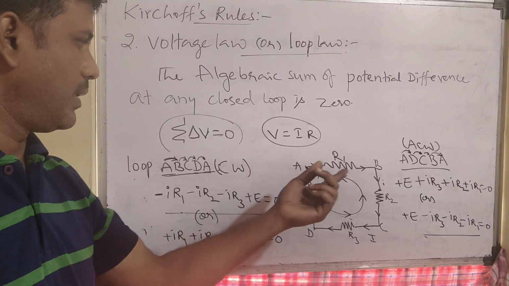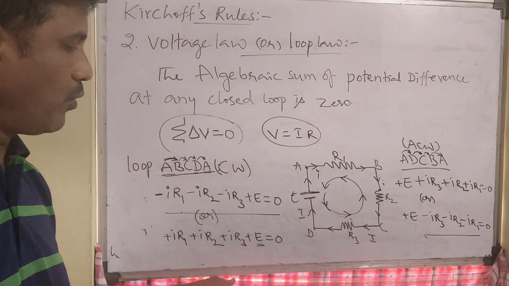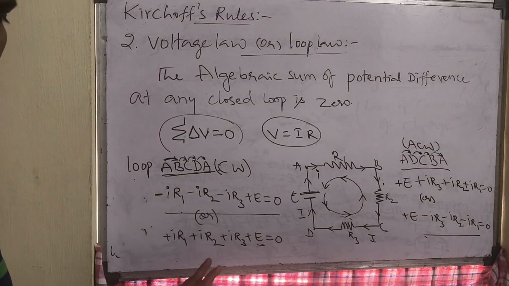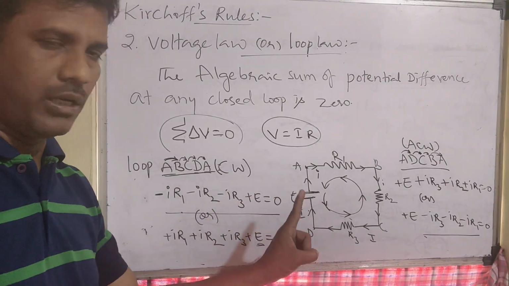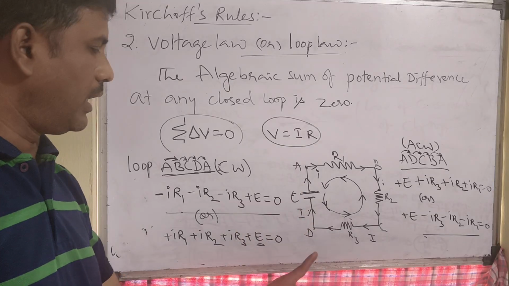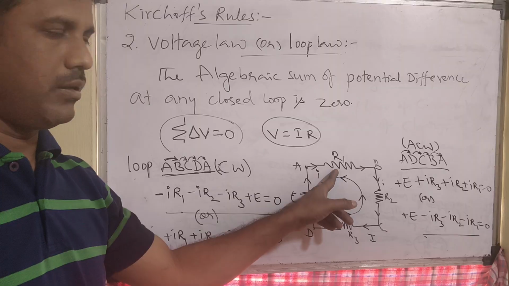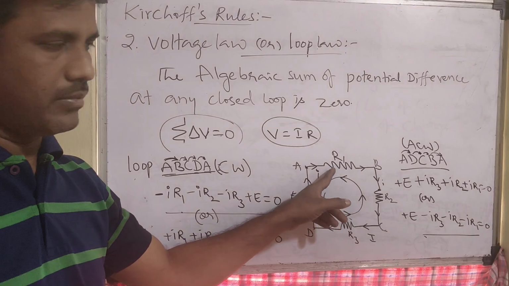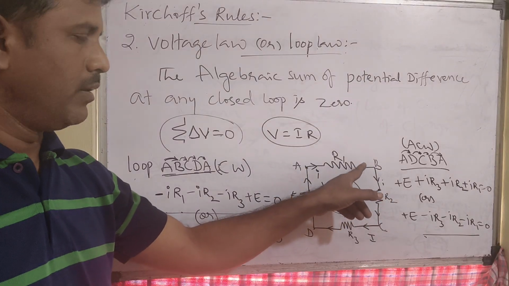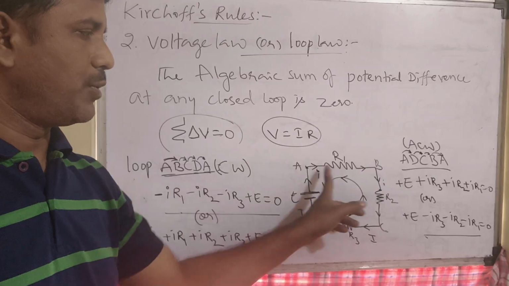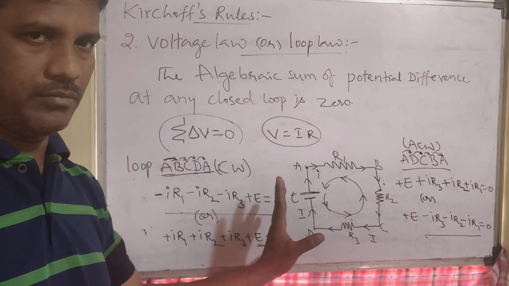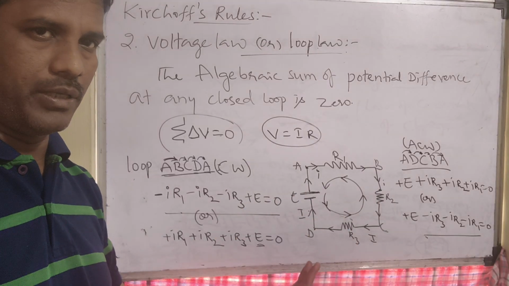Here minus means plus, plus means minus. But there are two conditions, so don't get confused. You should follow any one. Whenever current passes through the resistance along the same direction, it is minus. When current passes opposite to the path direction, plus. That is the main observation.